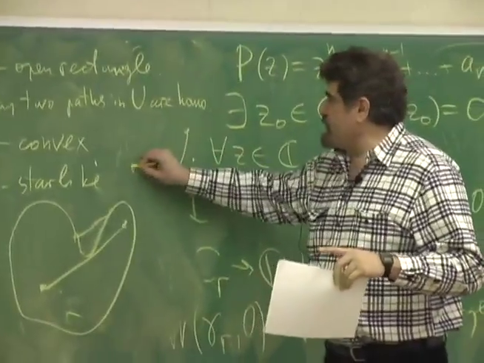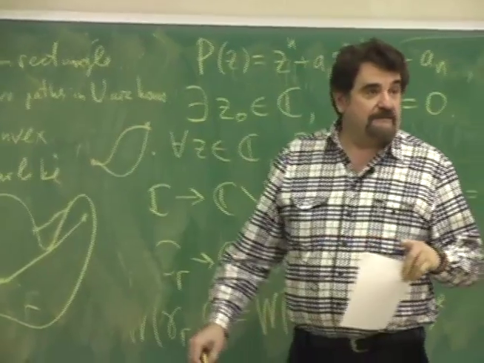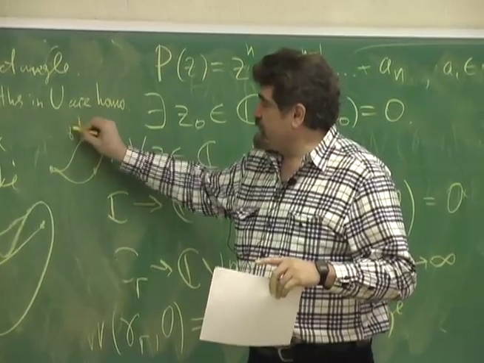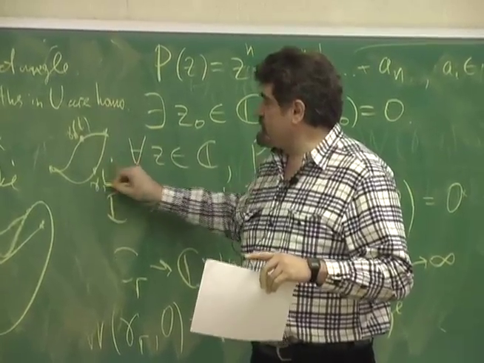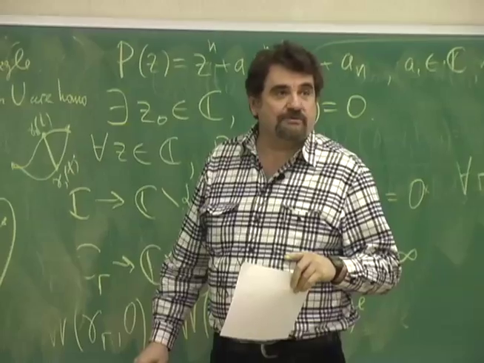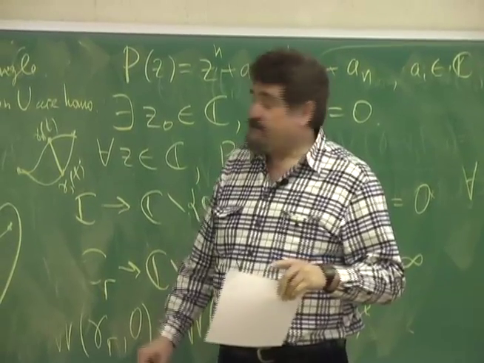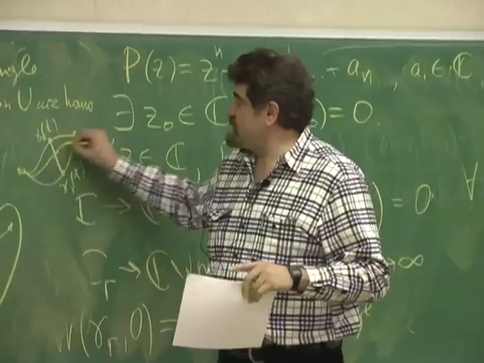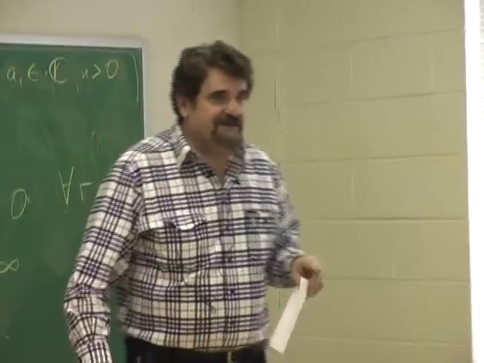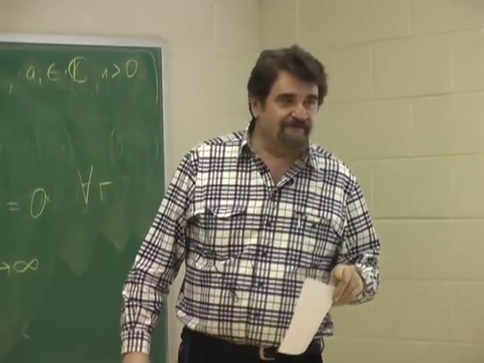For example, if two are with common ends, take the points gamma 0 of t, gamma 1 of t, connect them. You are sure that you will stay where you are, and simply take the intermediate curve with the same formula as before.